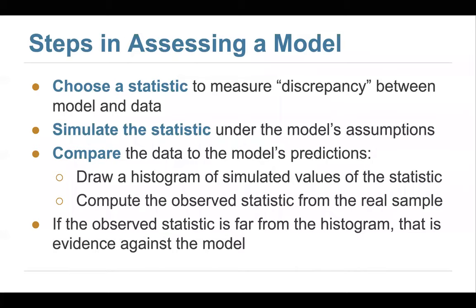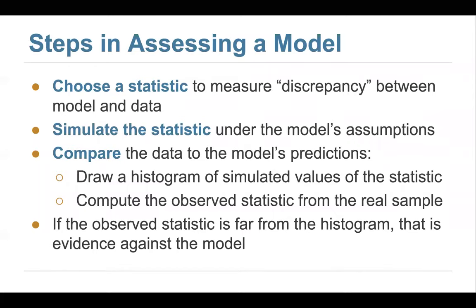In Mendel's pea plant case, the statistic was a little different, because what you want is typically really large values or really small values of your statistic to be evidence against the model. In the jury sample case, we got 8 out of 100, so we wanted larger values of the simulated statistic to be evidence against the model being true, because that's inconsistent with the data, where it's really low.